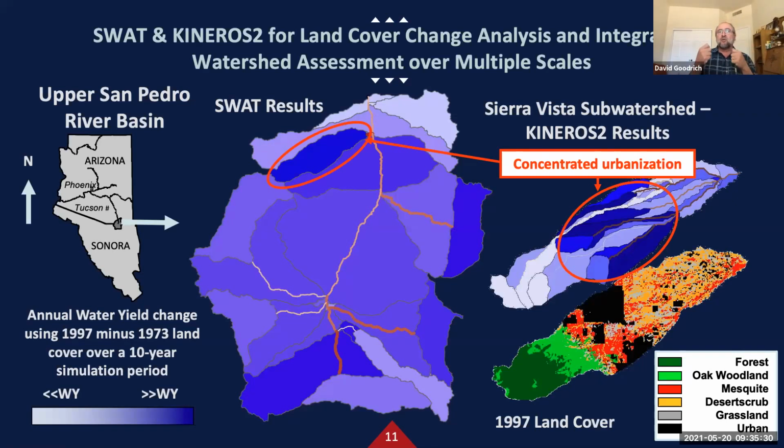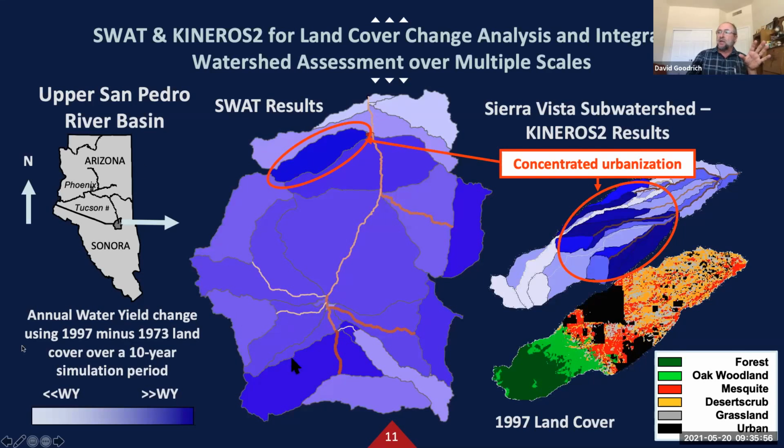So we're going to use the SWAT model at the very large basin scale. The US-Mexico border crosses right about here. And so we're discretizing the watershed, and this is, I think, about 7,000 square kilometers. And we're going to run SWAT first.